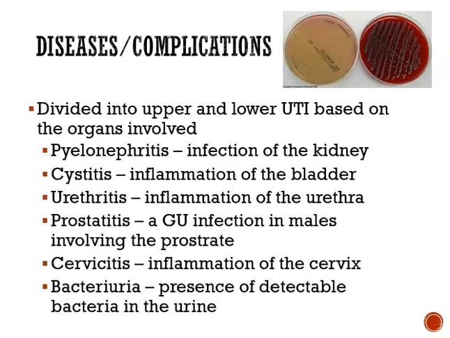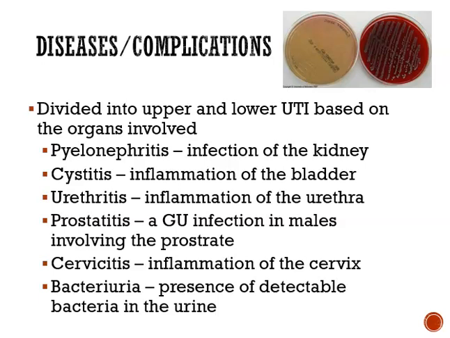Okay, the diseases are determined by the anatomy of the organs involved. Again, this includes the urethra, bladder, ureters, prostate, and kidneys. So it can be divided into upper and lower UTI, and you can look back at that diagram also. Pyelonephritis is an infection of the kidney, so this is upper.